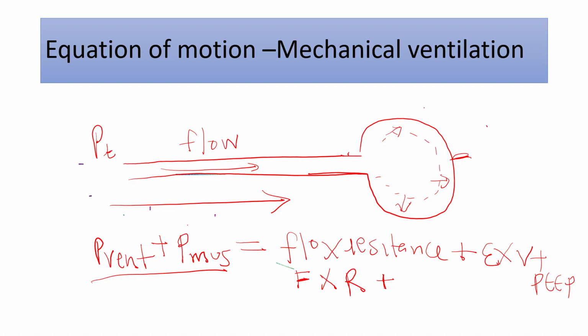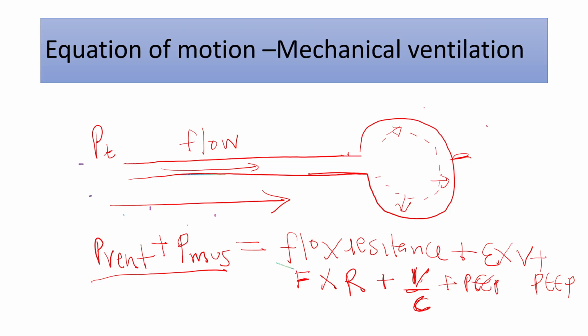So elastance is the opposite of compliance, and we can say volume by compliance here, plus the positive end expiratory pressure.